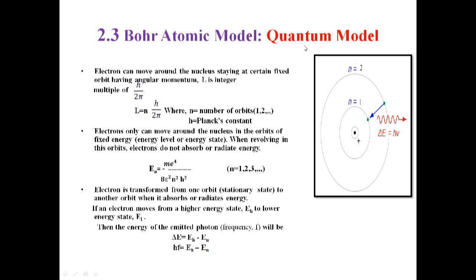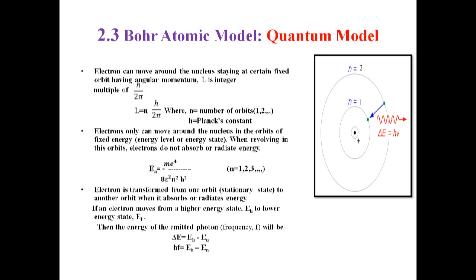Our first assumption was that electrons can move around the nucleus staying at certain fixed orbits having angular momentum. L is an integer multiple of h divided by 2 pi.